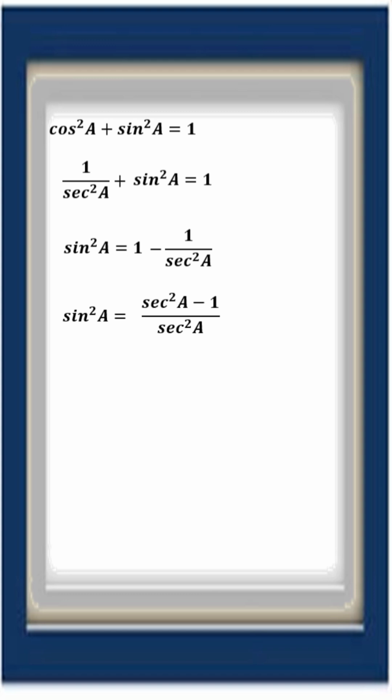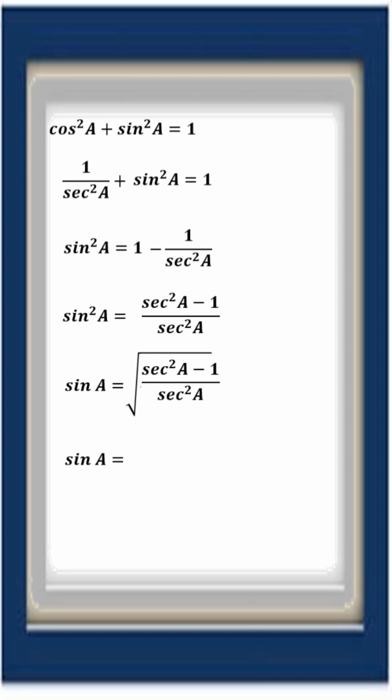Both are in square form. Now let us take square root on both sides. If we take square root of LHS, we'll get sin A. Then square root of secant square A minus 1 over secant square A. So sin A is equal to square root of secant square A minus 1 over secant square A. In the numerator, square root of secant square A minus 1.